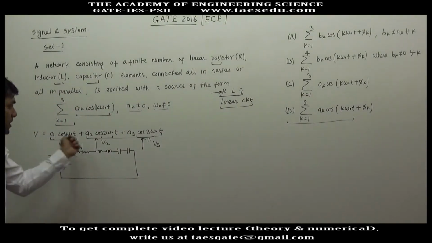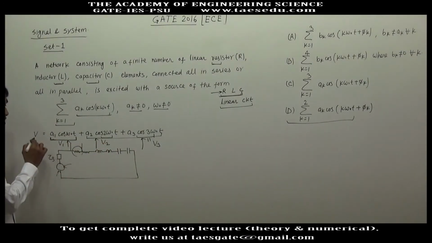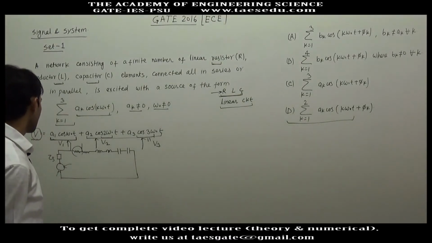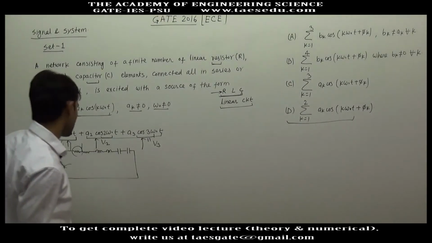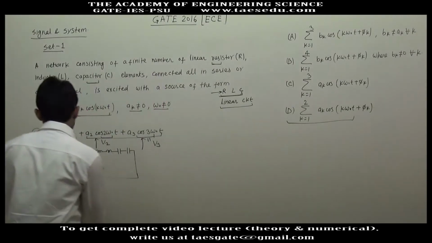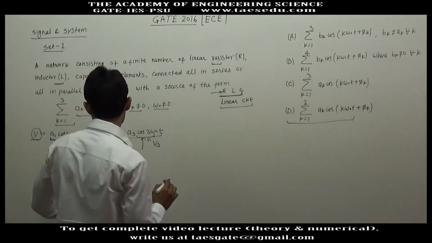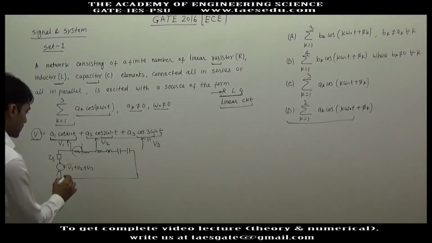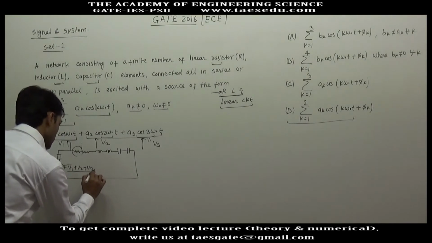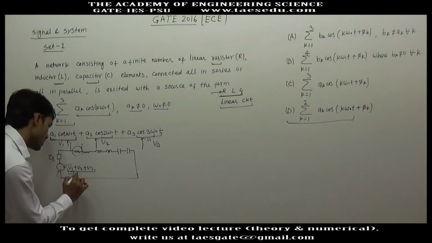And after finding the individual outputs, we will add all those three outputs, then we will get the output due to the voltage V. So this circuit can be represented as V1 plus V2 plus V3. So instead of finding the response due to V1 plus V2 plus V3, let us first try to find the form of output individually due to V1, V2 and V3.